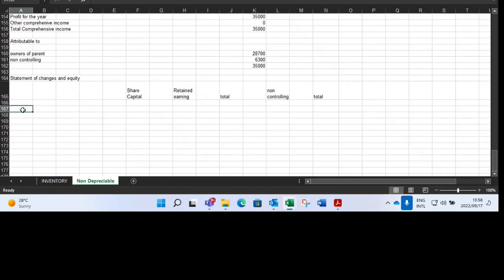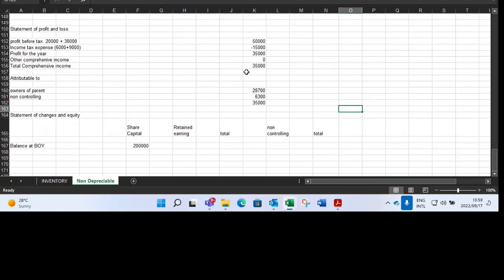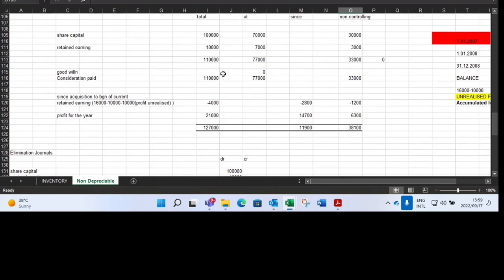So the balance at the beginning, the share capital was 200,000 because others were eliminated. The retained earnings will be the parent part and the subsidiary part. On the parent part, the retained earnings that we're gonna recognize will be whatever is by the parent, then we take this into account because it's a loss.